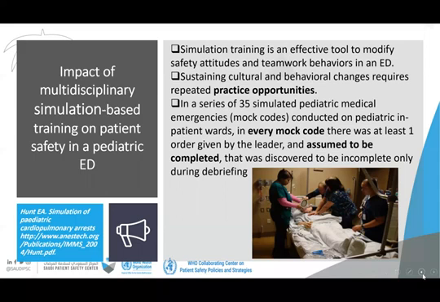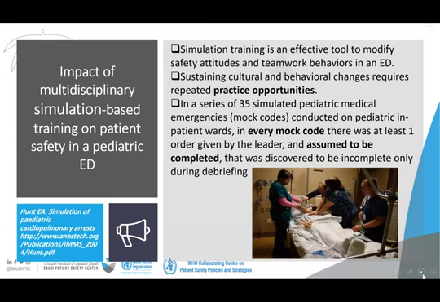I just want to tell everyone, this is information taken from a recent publication in which they put hidden cameras in the pediatric emergency department in NHS hospitals in the UK. The doctors and nurses did not know there was a video camera there, though there was a lot of attention to ethics and patient privacy.